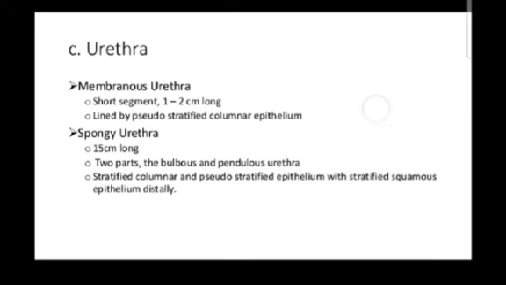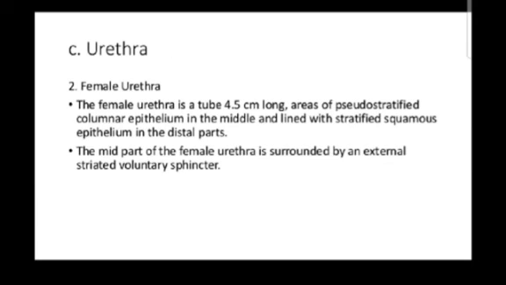If we talk about the spongy part of the urethra, this is 15 centimeters long. This is the longest part. It also has the bulbous and the pendulous urethra. It passes through the corpus spongiosum of the penis, and we will find stratified columnar and pseudostratified epithelium with some stratified squamous epithelium distally.